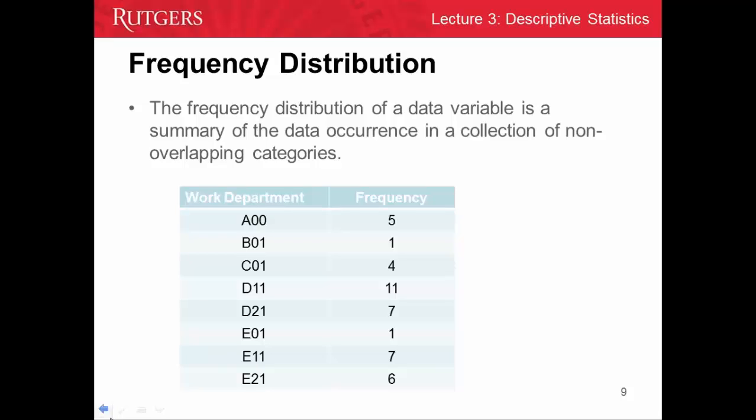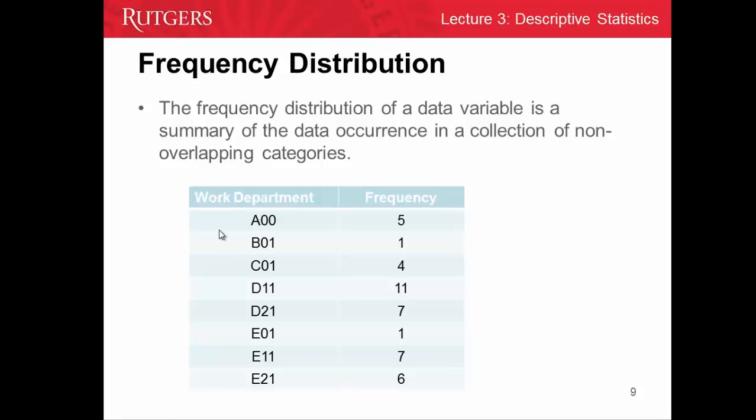And for the employee master data, because each record in the dataset represents employees' information, so the frequency distribution of the work department is a summary of the number of employees in each department. And this table shows the result of these descriptive statistics.